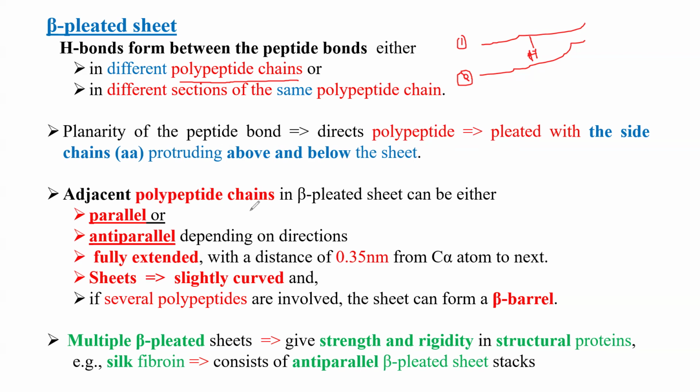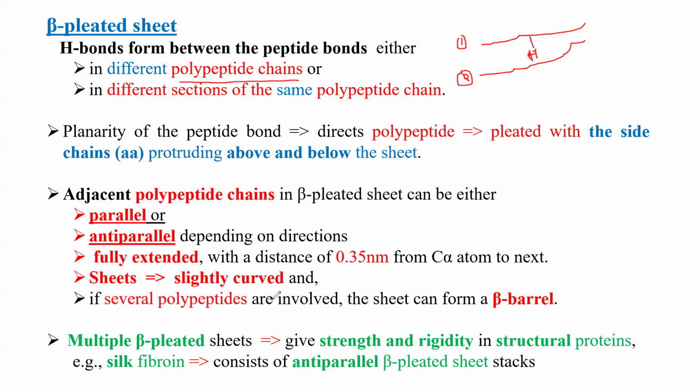Adjacent polypeptide chains in a beta-pleated sheet can be either parallel or antiparallel, depending on the direction. It is fully extended, with a distance of 0.35 nanometer from one alpha carbon atom to the next, and the sheet is slightly curved.